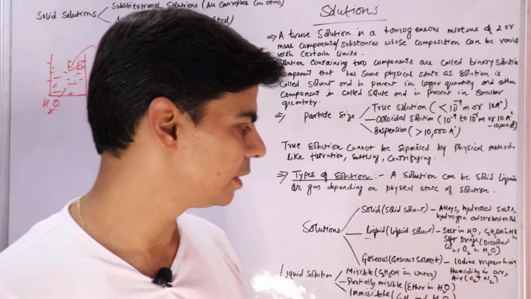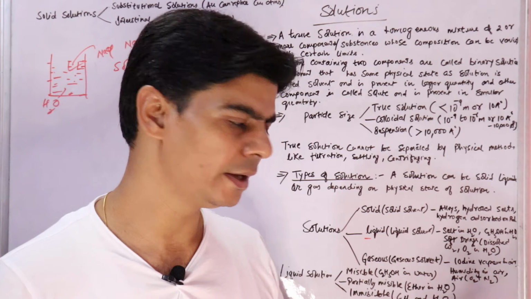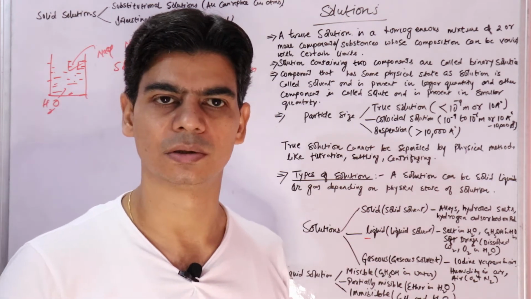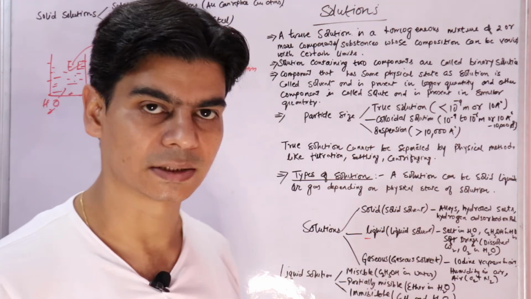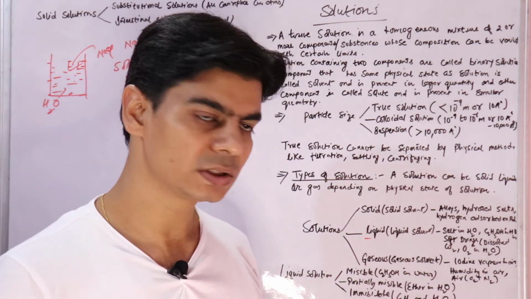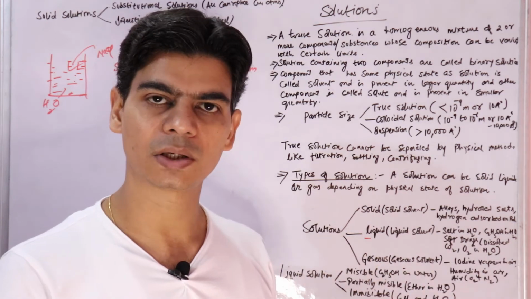And humidity in air. We know that humidity is water vapor, which is a liquid, right? Humidity in air is a gaseous solution. So the solvent would be a gas. It's air here, right? Since it's humidity in air, we know that air is in larger quantity.